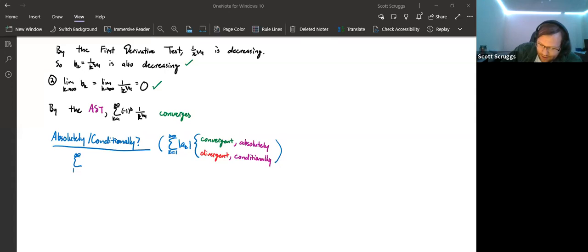So I now take the absolute value of each term. Taking the absolute value of each term means that I get rid of the negative 1 to the kth power, leaving me with 1 over k to the 3/4.